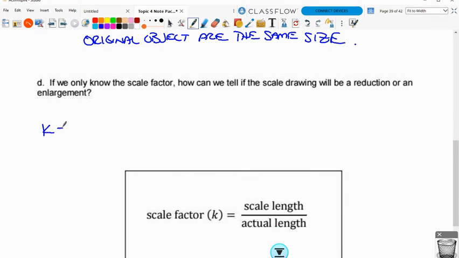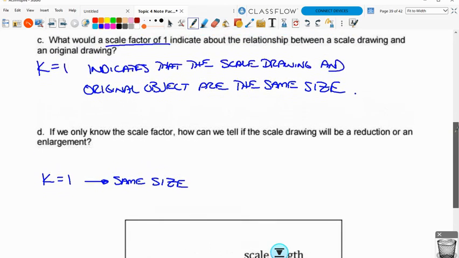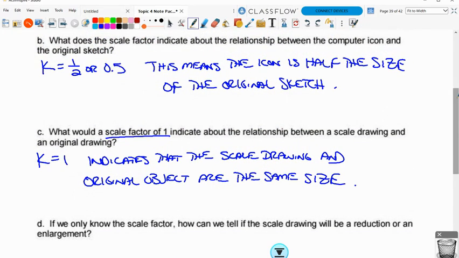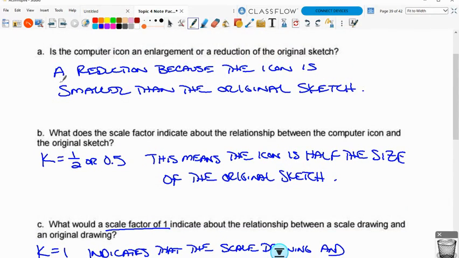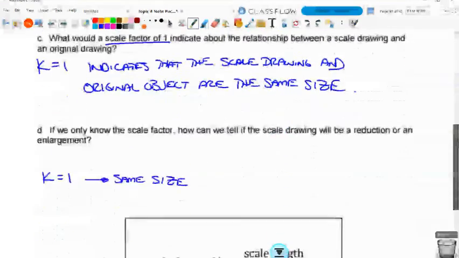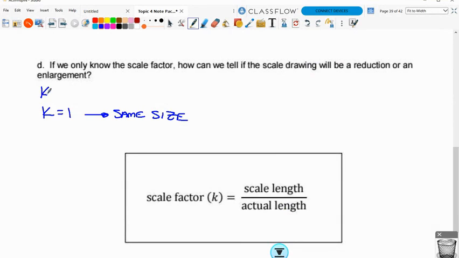We had an example up above in letter B where k was equal to 1/2. 1/2 is smaller than 1, and that represented a reduction. So if you know your scale factor k and it's less than 1, this means a reduction.